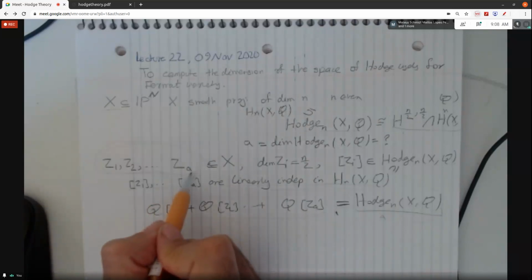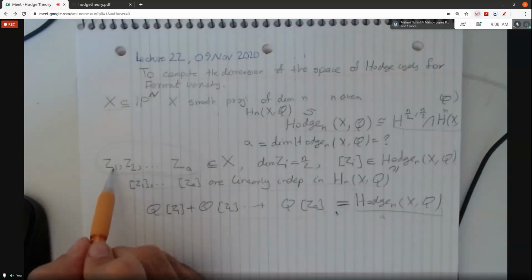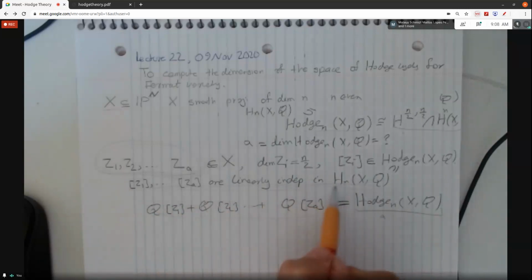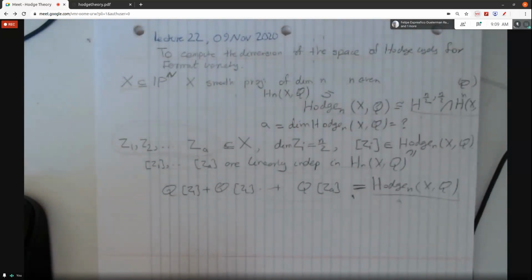So in the last lecture, I will explain a little bit how to handle algebraic cycles and so on. To construct algebraic cycles such that they are linearly independent in homology is the difficult part of the Hodge conjecture. And in general, we don't have any procedure in algebraic geometry which constructs for us enough algebraic cycles of a variety.